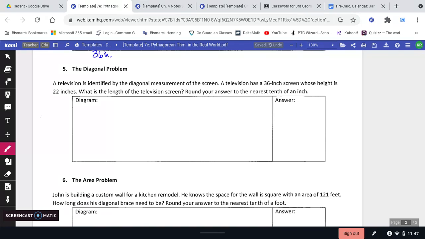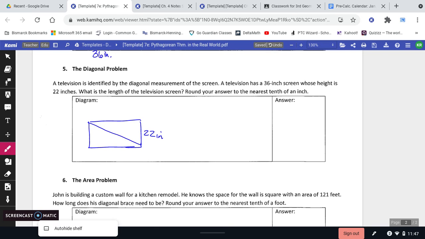Okay, this one. A television is identified by the diagonal measurement of the screen. A television has a 36-inch screen whose height is 22 inches. So this is 22 inches. Okay, on the diagonal. This is true of your televisions, your laptops, your phones. So if you're looking at getting a new phone and it says it's a 6.5 inch screen, then it's talking about the diagonal.